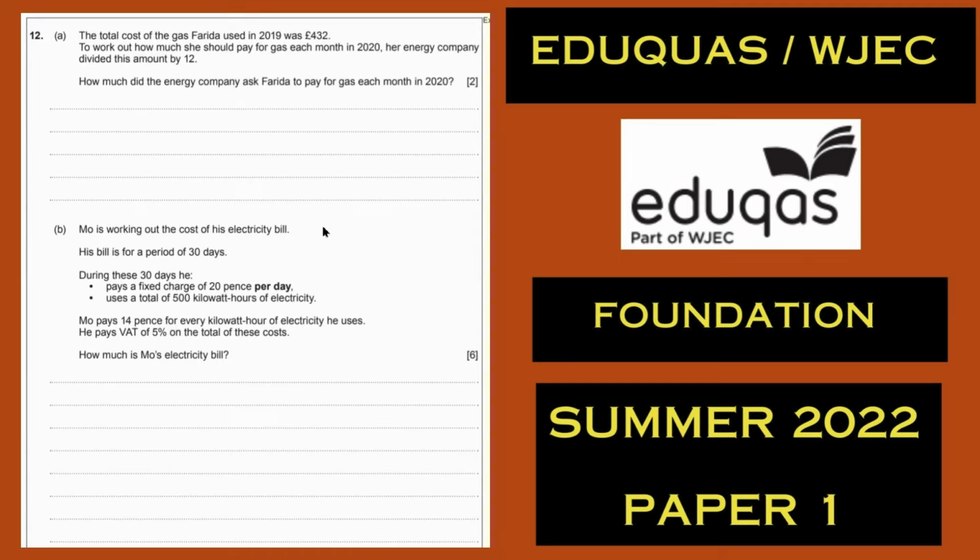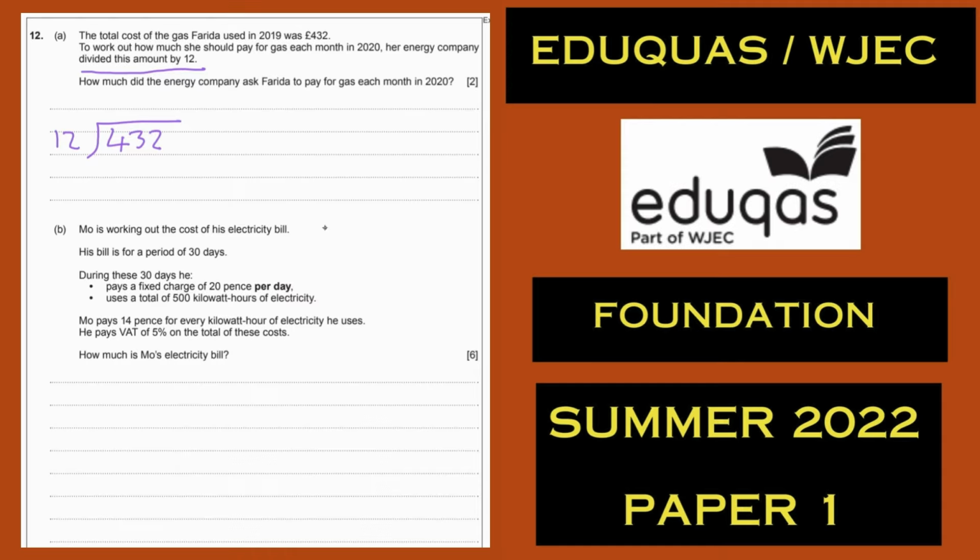Total cost of the gas used in 2019 was £432 to work out. So again, loads of waffle. It really means divide by 12. Hopefully you're familiar with your 12 times table, but always use short multiplication.